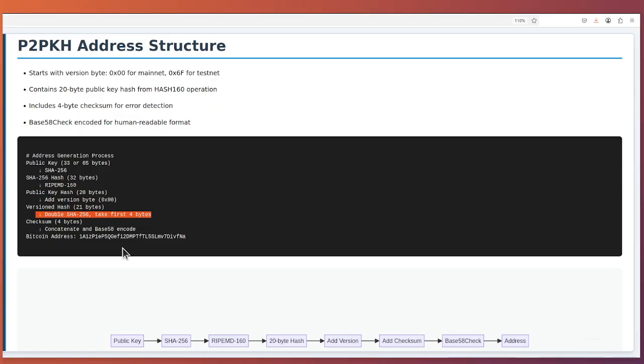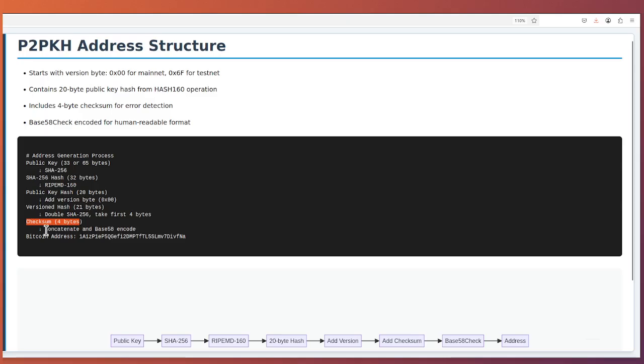Next comes the checksum, which is crucial for error detection. We take the version byte, plus the public key hash, and apply SHA-256 twice, a process which is called double SHA-256. From this resulting 32-byte hash, we take only the first 4 bytes.